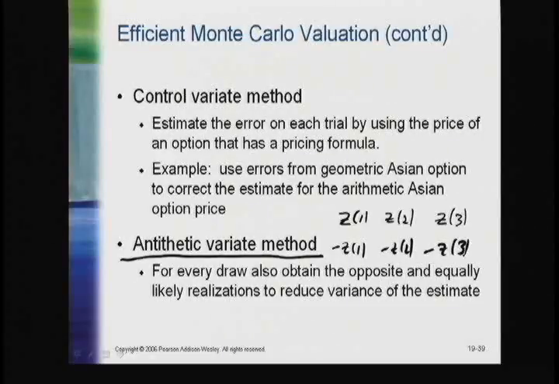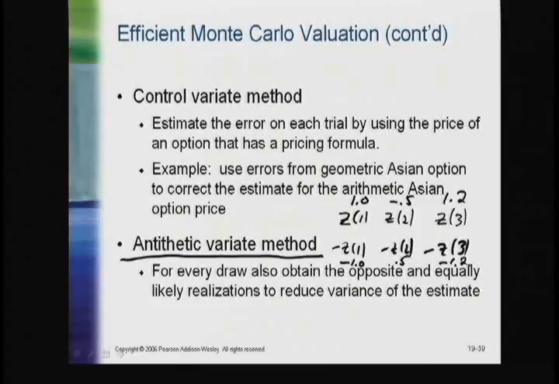So in other words, if I had, for example, 1.0, minus 0.5, 1.2, then I'd flip that to be minus 1.0, plus 0.5, minus 1.2. So antithetic is a way of just producing the equal and opposite path that you did.